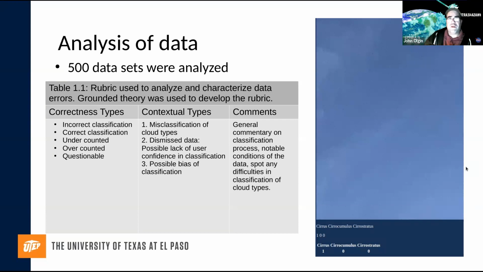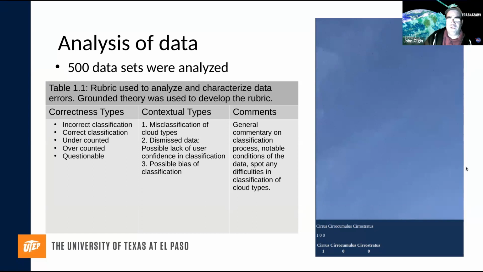Then there's under and over classification, or under and over counting. That means there might be a cloud type in the sky, and everybody might say, okay, that's a cirrus cloud, and then they think that every cloud is a cirrus cloud, including the low level cumulus puffy ones. You identified, yes, that is a cloud, but not that type of cloud.